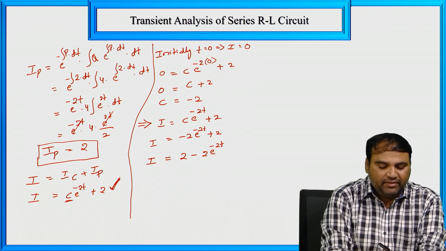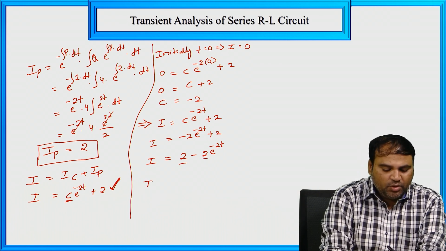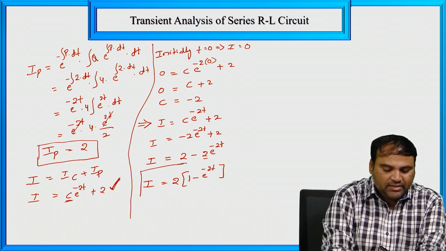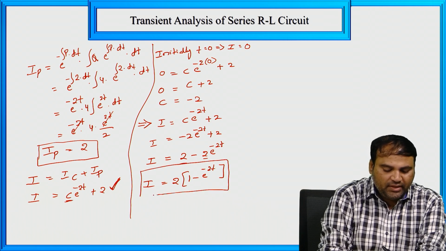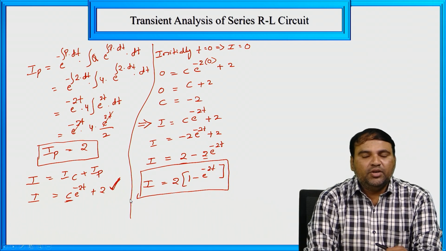Now in this equation 2 is the common term here. Then the total current response of given series RL circuit is 2 into 1 minus e to the power of minus 2t is the total current response of the given series RL circuit. So this is the total current.